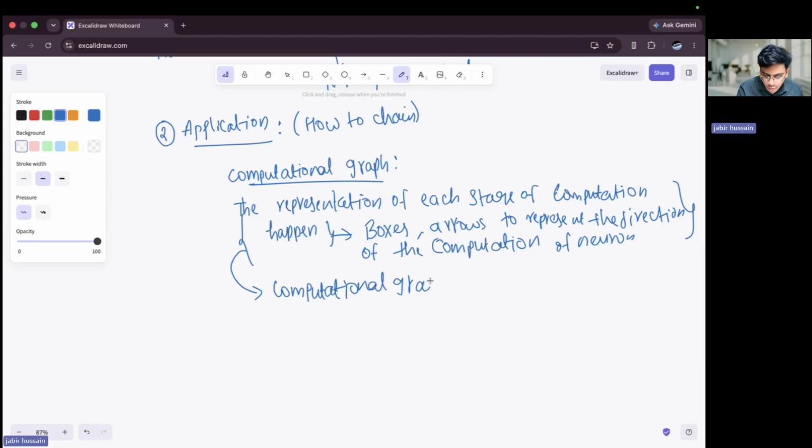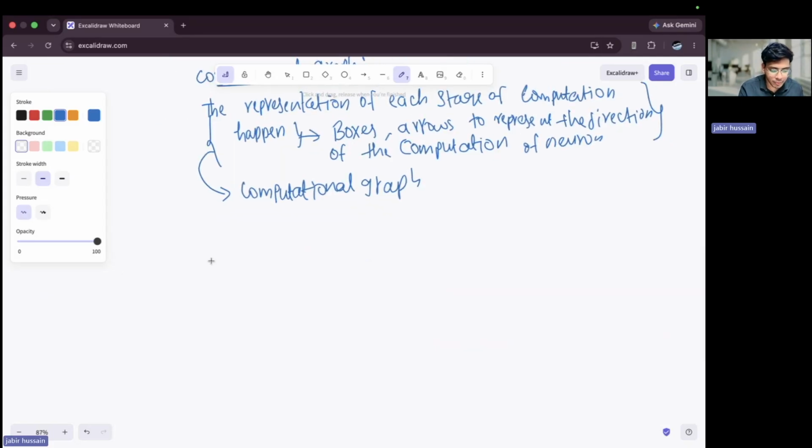Okay, how does it look? Let me show you. Initially we have inputs, so we represent inputs in a box. Then we give these inputs to a function which calculates the output of the neuron. So z equals all inputs multiplied by weights, then added together, then bias added on top of it.